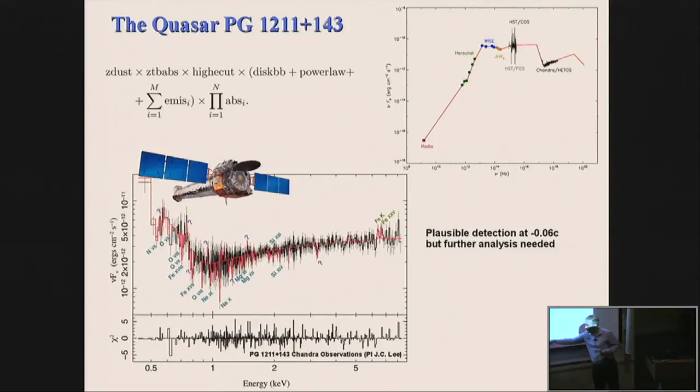So this component could suggest that there is an ultra-fast outflow in PG1211. And here you see the iron K-shell emission, from a narrow region far from the central region of the AGN.